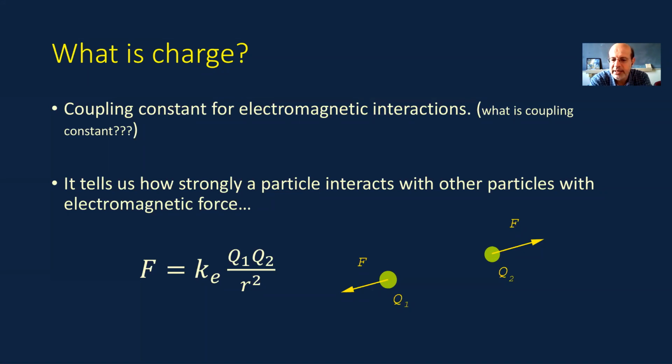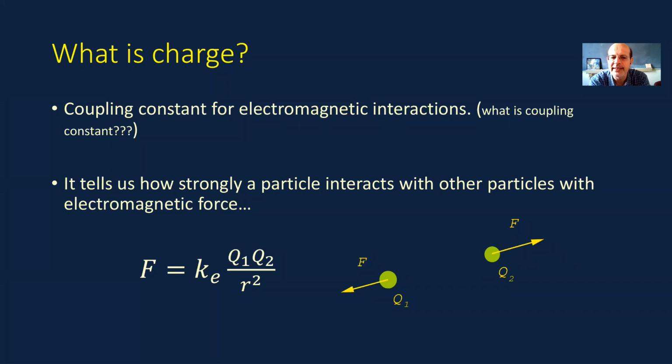That means if the charge of that particle is zero, it doesn't interact with electromagnetic interactions. Like the Higgs boson, for example, which has charge zero, or a neutral atom, or a neutron.